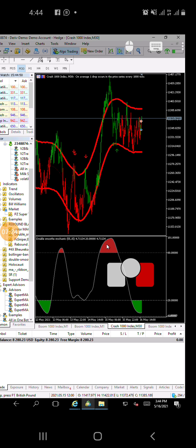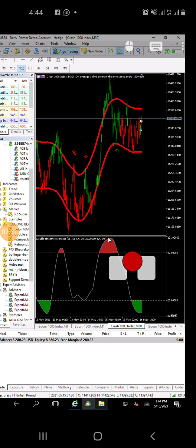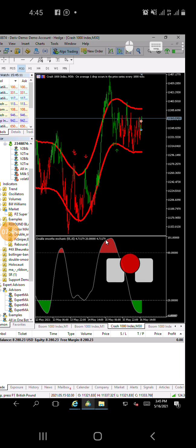To trade Crash 1000, the red zone that you are seeing here must be forming on your indicator, and the red arrow must also pop up. Those are the two confirmations for the Crash 1000 before one can trade it.